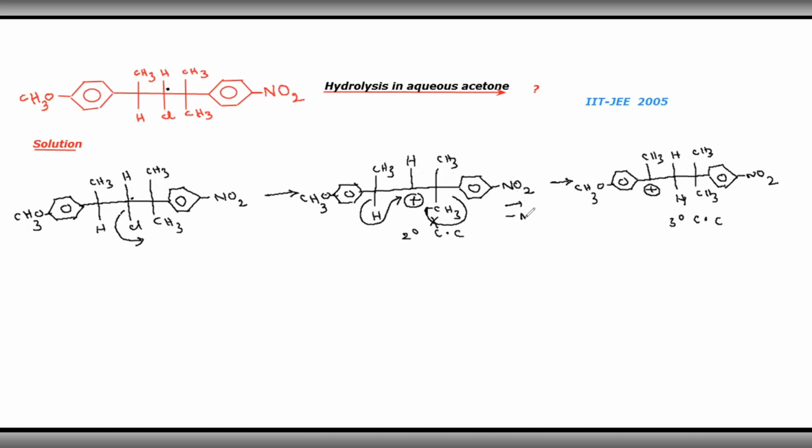Due to the minus M effect of the NO2 group, if this carbon becomes positive, it will be destabilized. But methoxy stabilizes this carbocation due to plus M effect. Hence, hydride shift is possible, but methanide shift is not possible. Like that, through rearrangement, we got a tertiary carbocation.